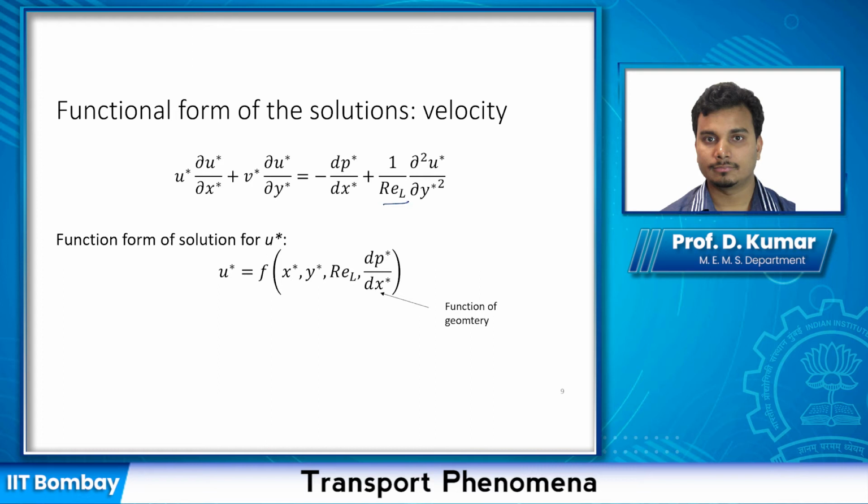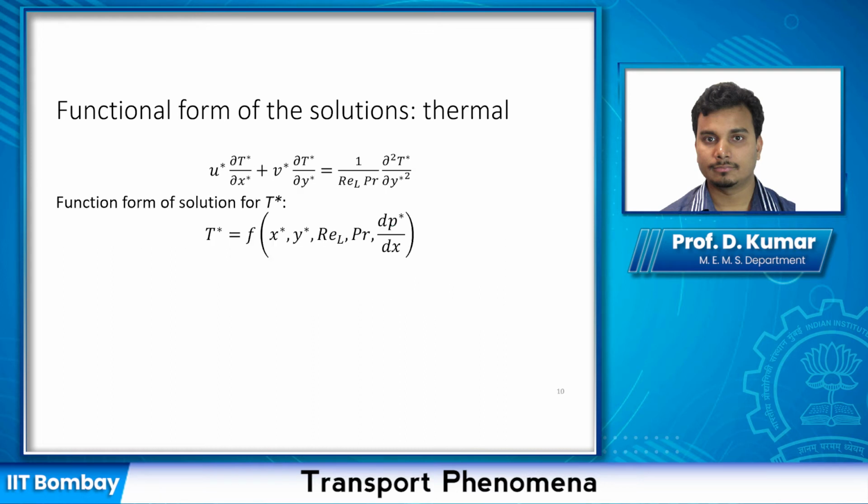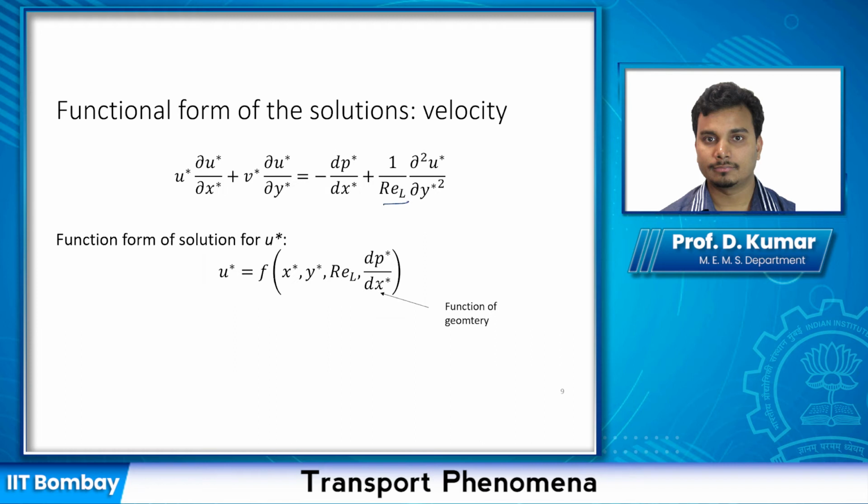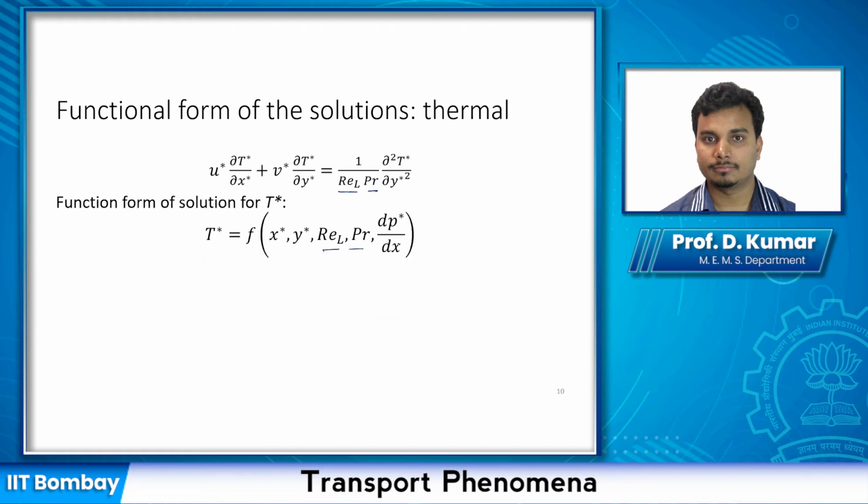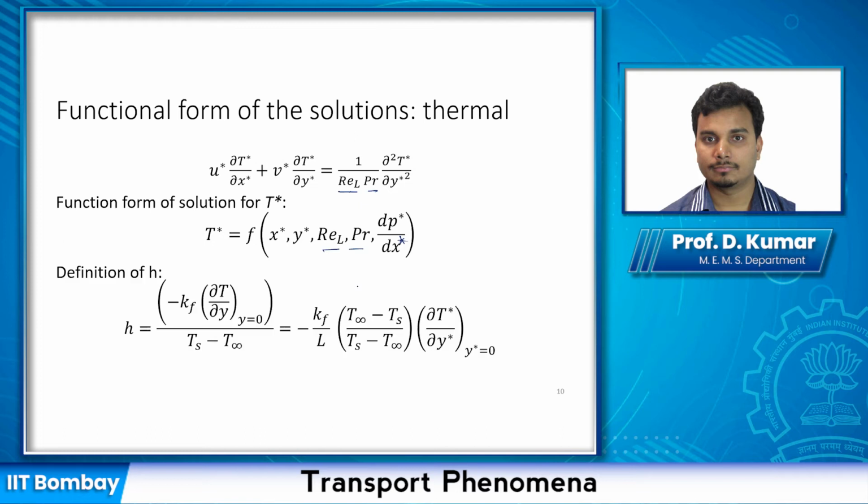Depending on the geometry, the pressure gradient will change. This is for external flow. Similarly, for temperature we can write the functional form as x star, y star, and of course it depends on Reynolds number and Prandtl number. And since u star depends on dp by dx, you have the dp by dx dependence coming from there.